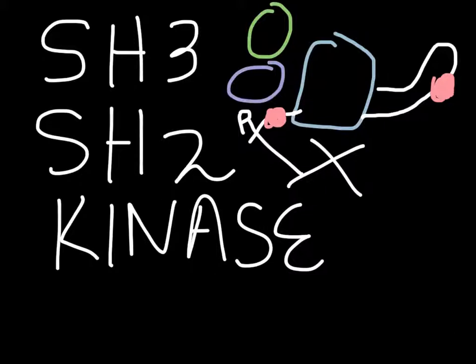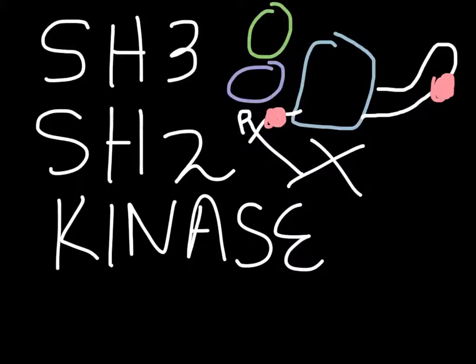So what did we learn that SH2 does? SH2 binds to phosphorylated tyrosine residues. So when we remove the phosphate, it loosens the entire structure. So when this structure is all loosened up, this site is free. So now you can bind to a phosphorylated tyrosine in another molecule. So that's what that basically means.